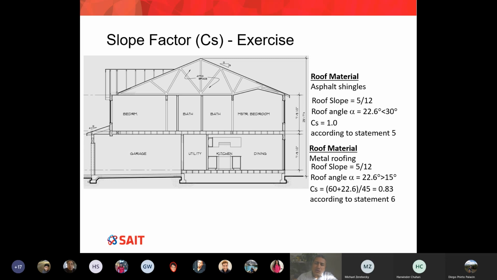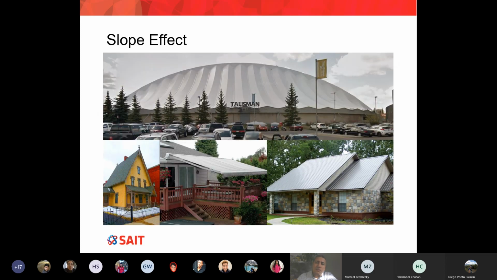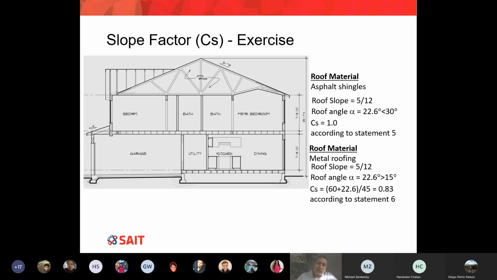If you want to do it right now, please do. So tan minus 1 of 5 over 12 will give you 22.6 degrees. And this is less than 30 degrees, because according to this statement here, the limits are 30 and 70. Less than 30 means 1, and that's why I'm comparing my number to the 30. So 22.6 is less than 30. It means C sub S is equal to 1.